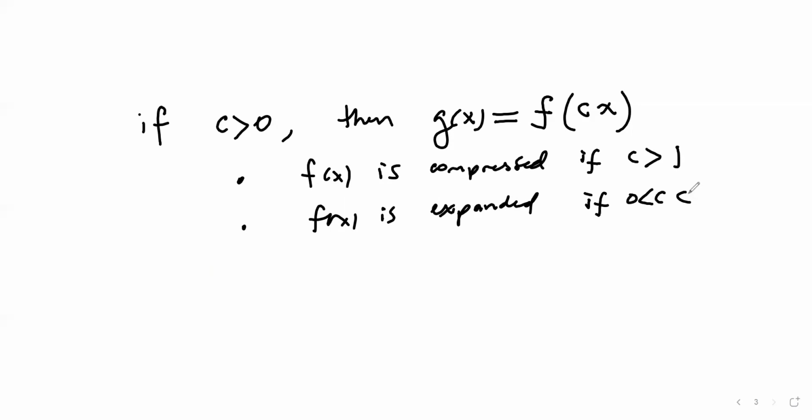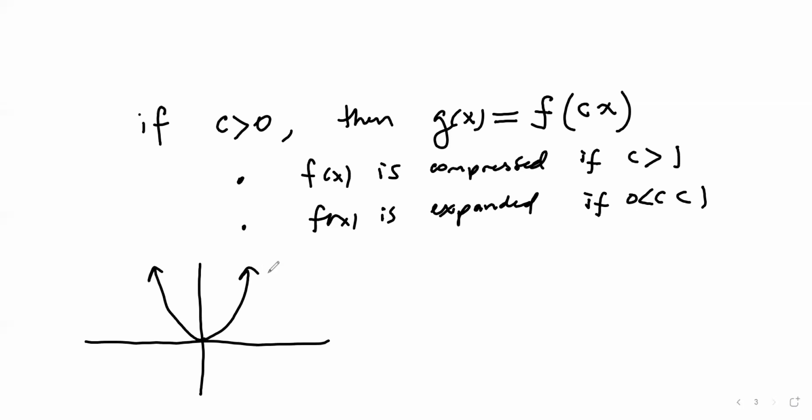So here is an example. Let's say this is some parent function f of x. Now the first case, we're calling it compression in the horizontal direction. That means this gap is going to get smaller. So it will be like this exactly.